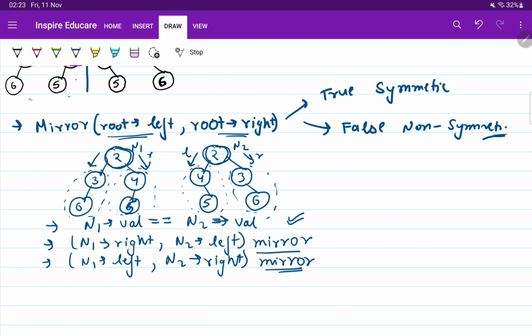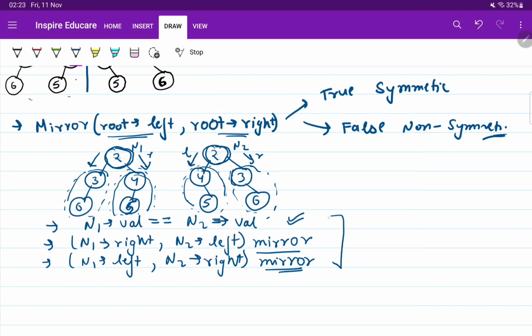So we have these three conditions for these two trees to be the mirror of each other. First, N1 value and N2 value should be same, and the right side of N1 should be the mirror of left side of N2, and the left side of N1 should be the mirror of right side of N2.